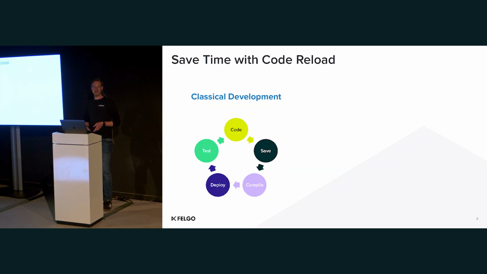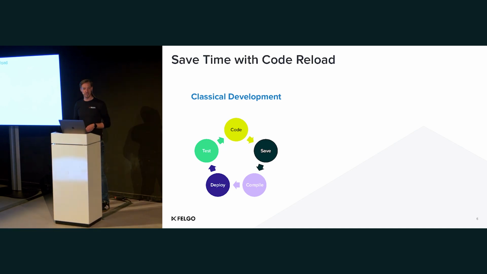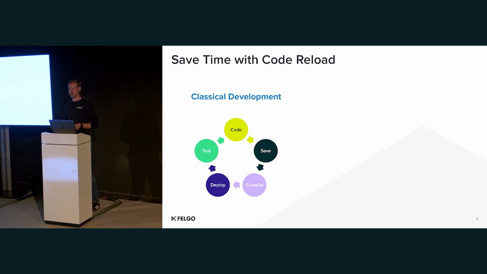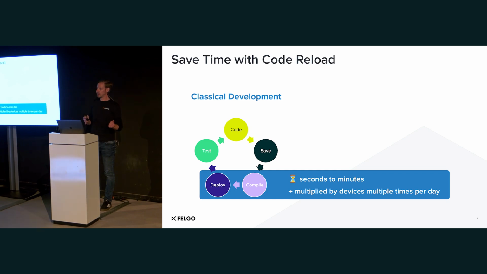Let's have a look at the classical development cycle. So usually you work on your code, you save it, you compile it, deploy it, and then you test it on your devices. And with the test results, you go back into your code and iterate. When we have a look at the bottom two steps, the compile and deploy time, you see that this is time where you're not actively working on your code, but just waiting until it's finished.